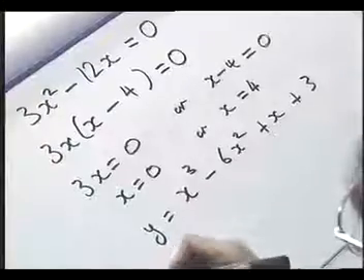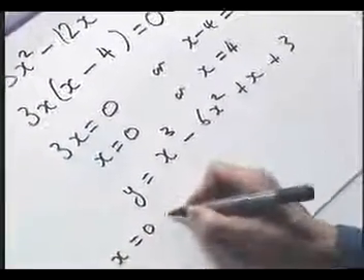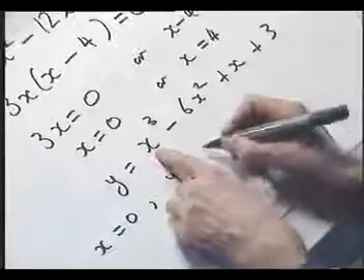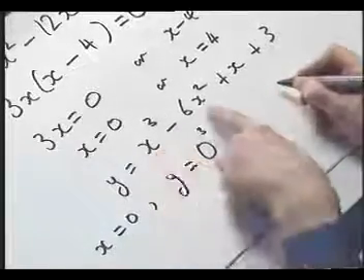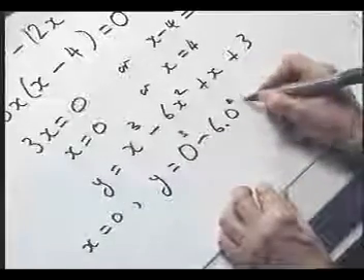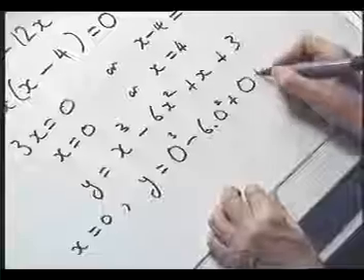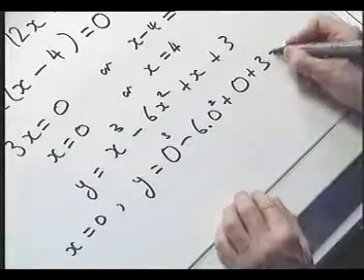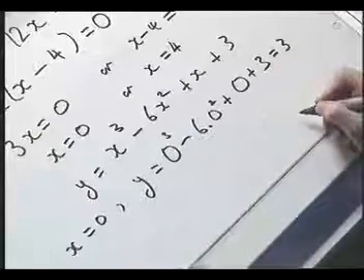And first of all, we want the point x equals 0. And so y equals, we put x equals 0, that's 0 cubed minus 6 times 0 squared plus 0 plus 3. Well, each of these three terms is 0, so we end up with 3.